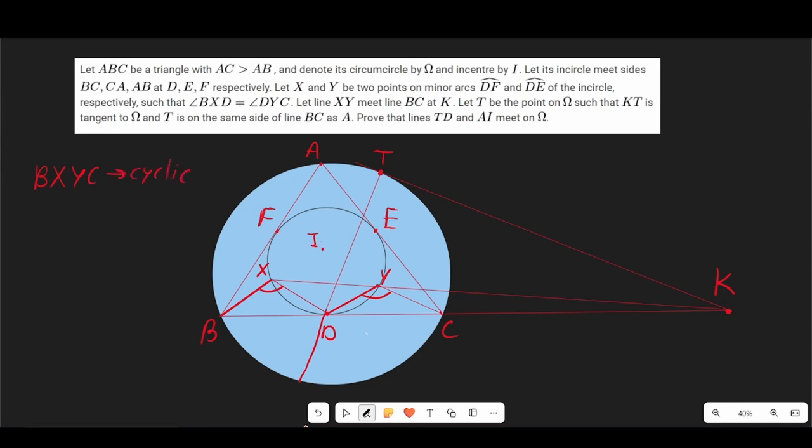Now we use our given statement that angle BXD equals some alpha and angle DYC is also alpha. If we use the tangency formula, angle XDB equals angle XYD, so this would also be beta.